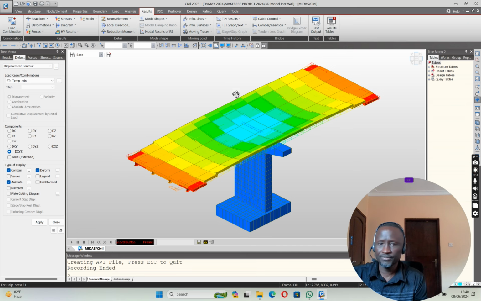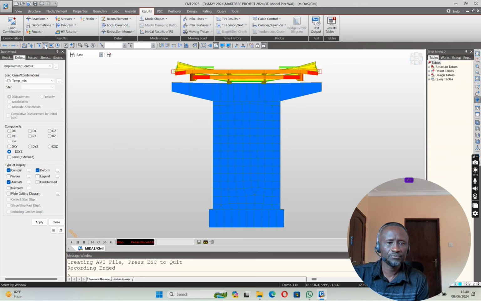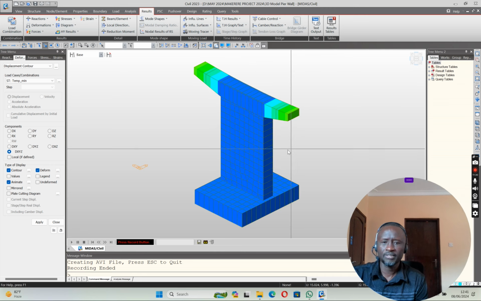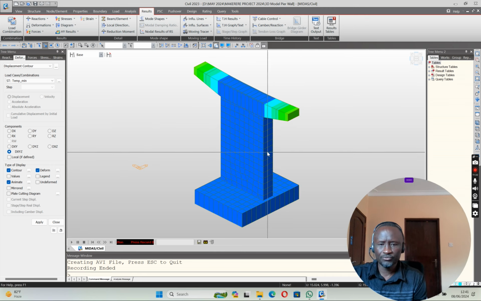When you tilt, let me first try to remove this. If you try to tilt this, oh yeah, this one, okay. What has to be straight?